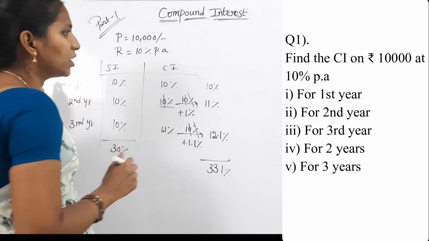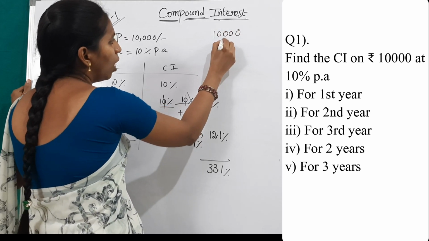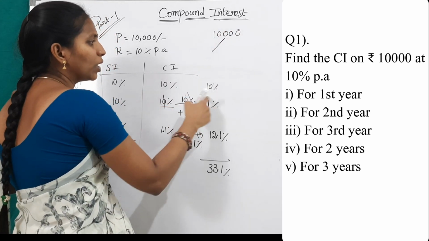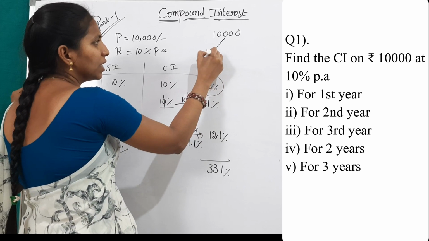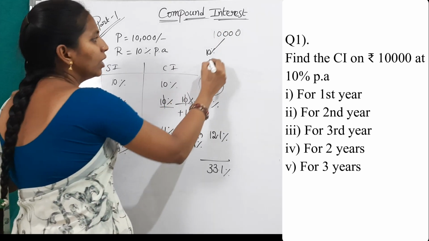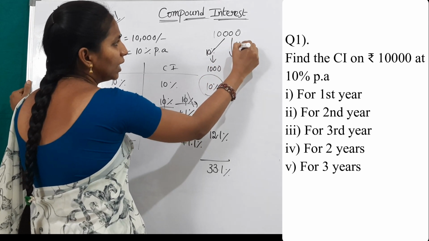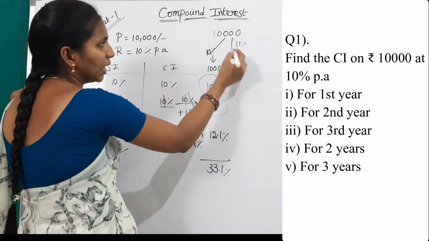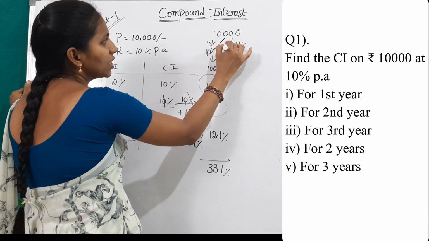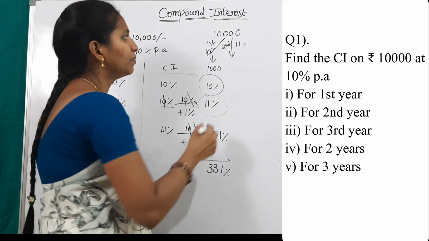Now see the calculation. What is the principal? 10,000. On this 10,000 for the first year, what is the rate of interest? 10 percentage. Calculate 10 percentage on this 10,000. Then what is the amount? 1,000. Now calculate 11 percentage. This is for the second year, and that was for the first year. 11 percentage on 10,000.